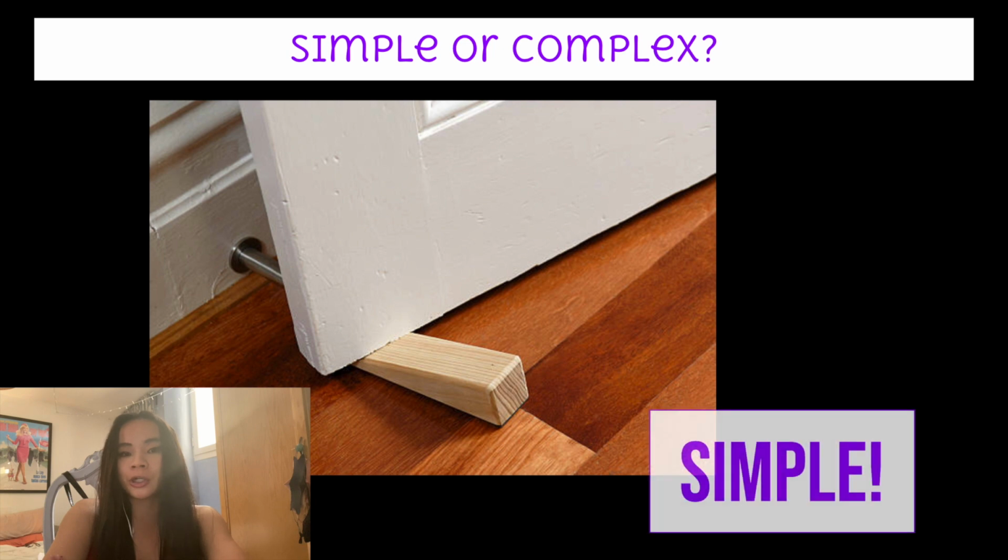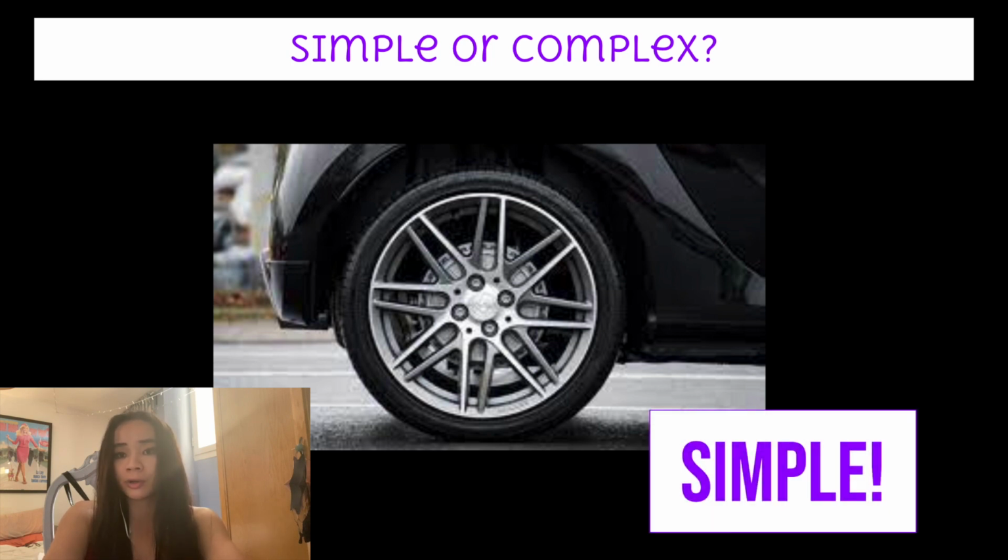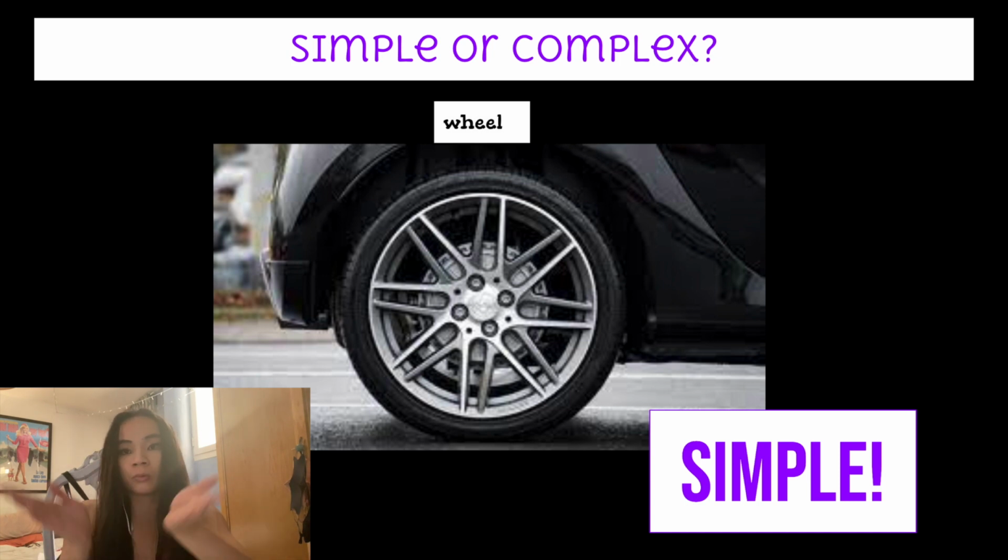Is this a simple or complex tool? Simple. Do you remember what this is called? A wedge. Is this simple or complex? Simple. And what do you call that? A wheel. It's also called a tire, but you also call it a wheel.